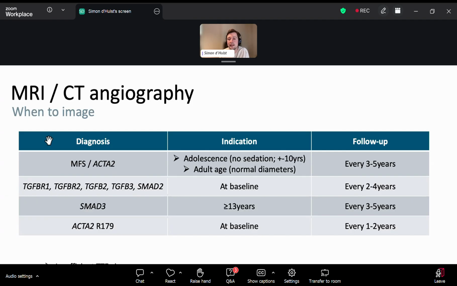For example, insufficient echocardiographic views or very large aortic diameters nearing surgical thresholds will necessitate earlier imaging, while patients without any cardiovascular involvement and in which the affected family members also only have mild cardiovascular involvement at adult age, this may prolong these intervals or even delay the first MRI until an older age.